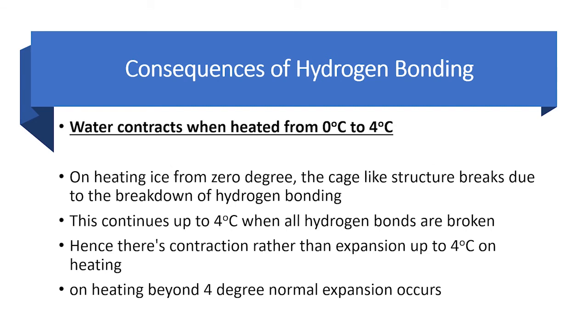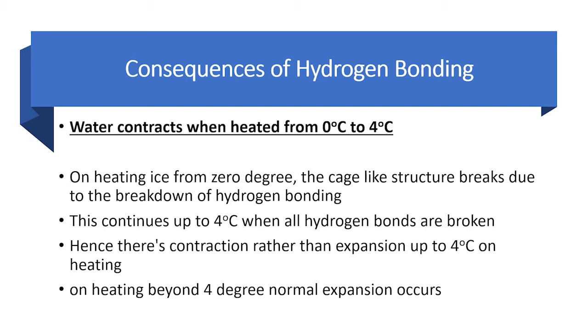Another consequence of hydrogen bonding is that water contracts when heated from 0 degrees Celsius to 4 degrees Celsius. This is exactly because of the same reason we explained just now. We know water at 0 degrees is in the ice form, having a tetrahedral cage-like structure.